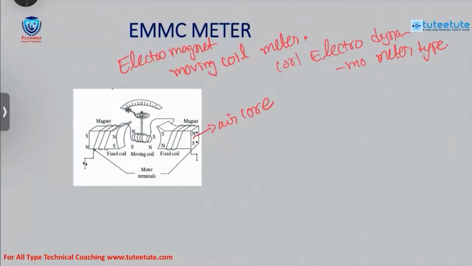The material used for supporting the winding is a non-magnetic material. We use non-magnetic material to reduce the errors in the meter. I am going to discuss this in the last slide. For the time being, just remember in the EMMC meter we use the air core to minimize the errors.